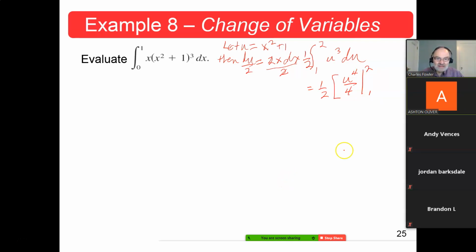Okay? And here, what I'm going to do is bring the fractions out. That would be 1/8, and that would be 2 to the 4th power. Anyone know what that is?